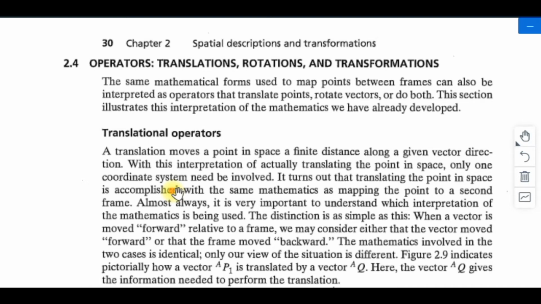For that purpose, you may write a program so that this type of operation, translation, rotation and transformation, is possible.